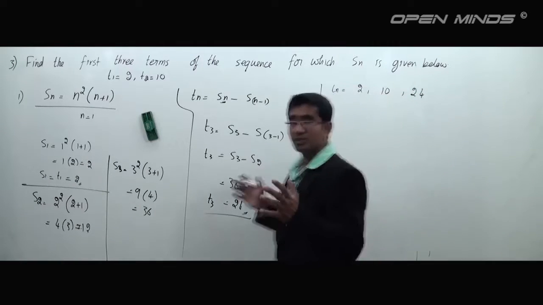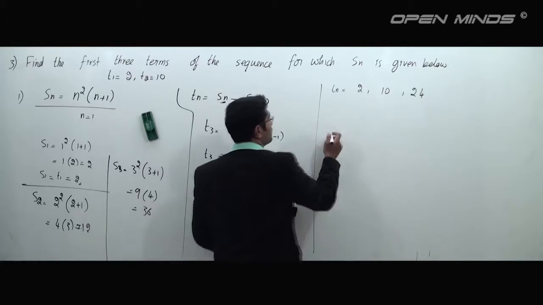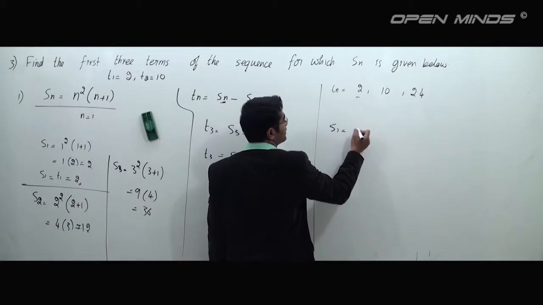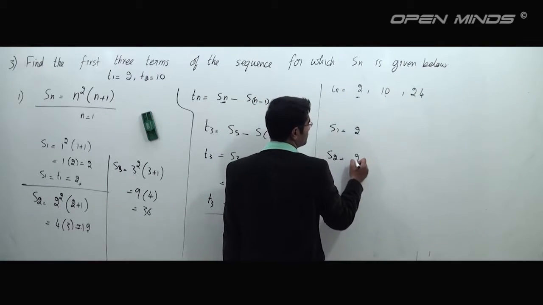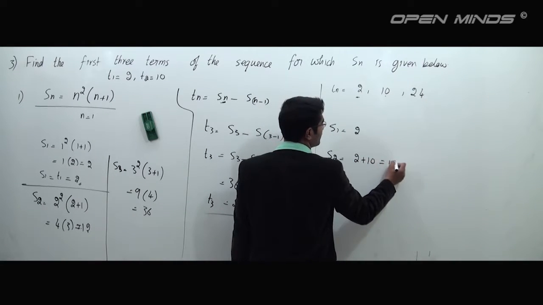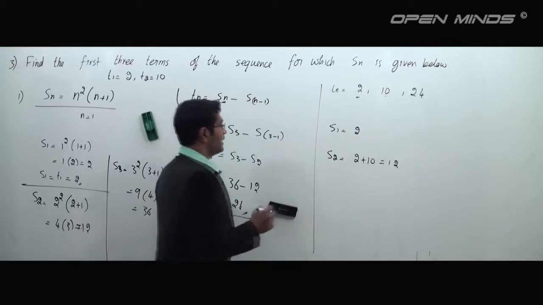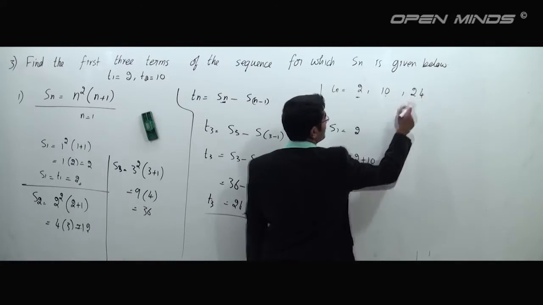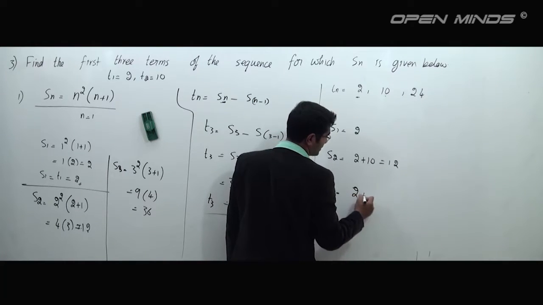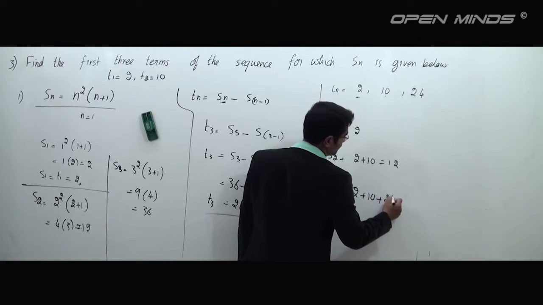These are the three terms we spoke about. Then what is S1? It means the first term, that is 2. Then what is S2? It means this term plus this term, that is 2 plus 10, which is 12. Got it? And what is S3? S3 is 2 plus 10 plus 24, which is 36.